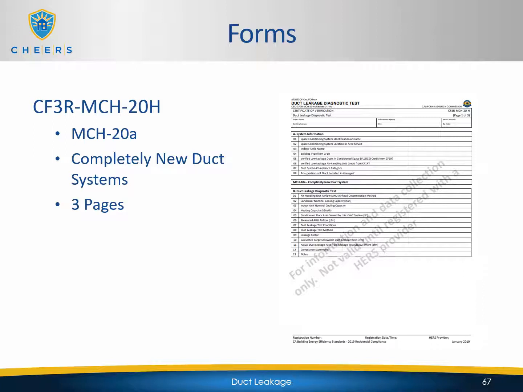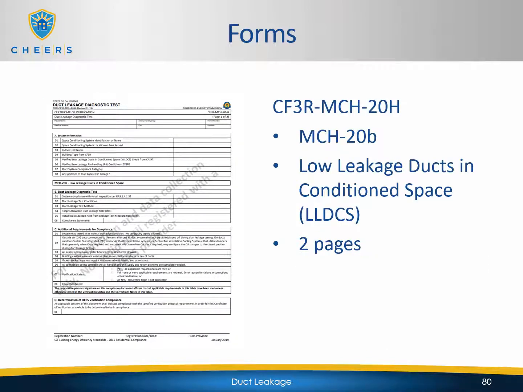The MEC 20A is going to be used for completely new duct systems. The MEC 20B is used when the low leakage ducts in conditioned space credit is taken. So this is a separate measure from just duct leakage itself, but a duct leakage test is required as part of that and will be documented on the MEC 20B.